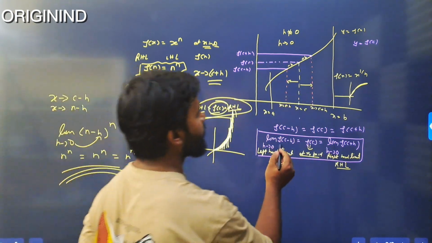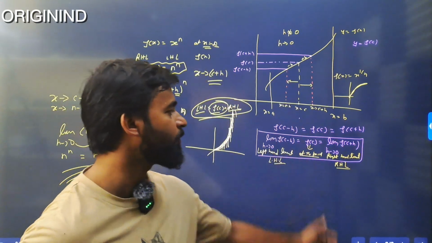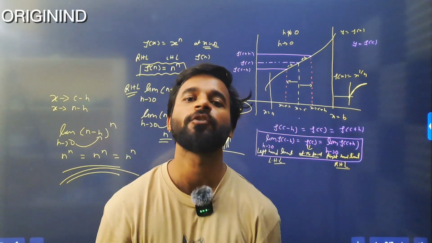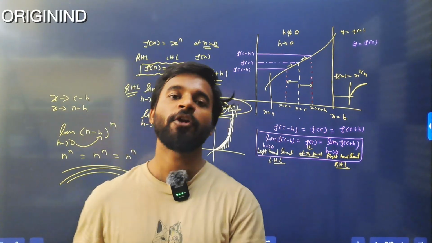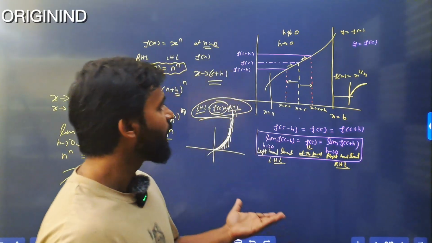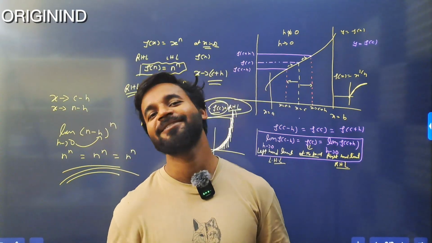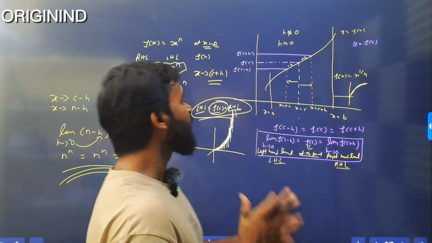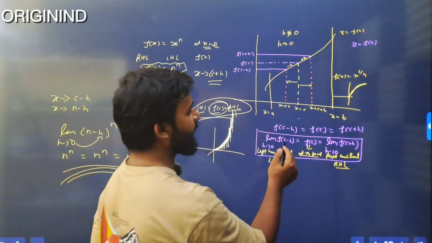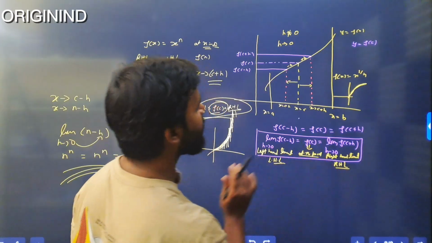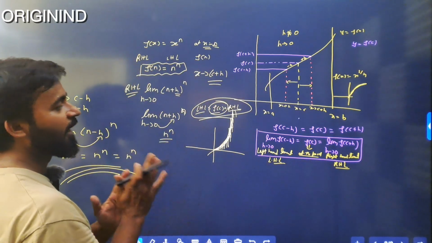It means f of c minus h, f of c plus h and f of c values are equal, so the function is continuous. One more important point: h tends to 0, not h equal to 0, otherwise maybe you cannot prove it. When you find RHL, LHL and the function value, all three should be equal, otherwise the function is not continuous.